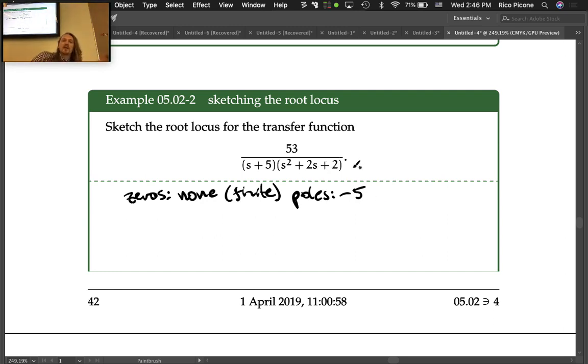If you use the quadratic formula and set that equal to 0, you're going to find out that they show up at -1 plus or minus j1. So those are our 3 poles. So NP minus NZ equals 3 minus 0, there are no zeros, equals 3. So there are 3 asymptotes.